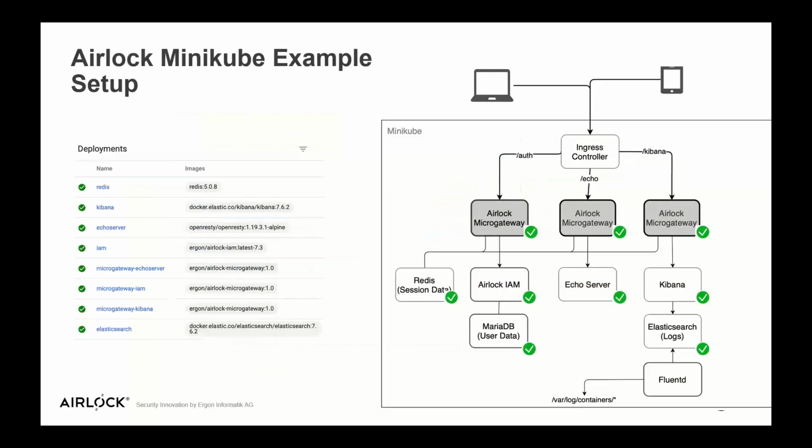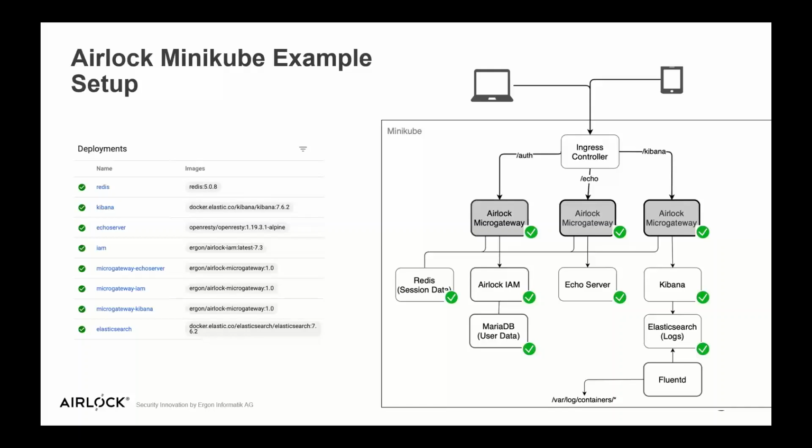And how it looks is that we set up a small scenario where you have multiple services, or actually you protect just one service in this case, setting up a scenario for how you can work with the Airlock Microgateway and how you can have an overview over the whole thing. So what we did is you have the echo server in the middle, just to have a service.